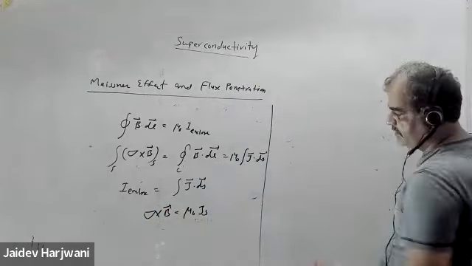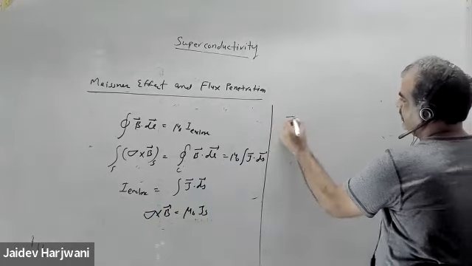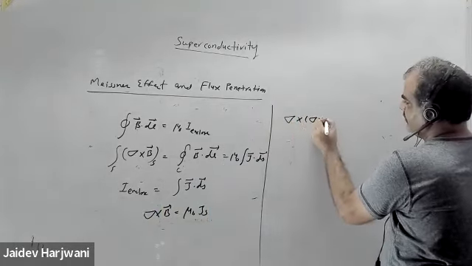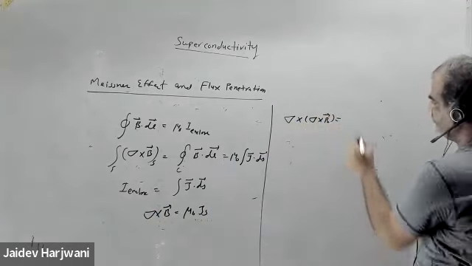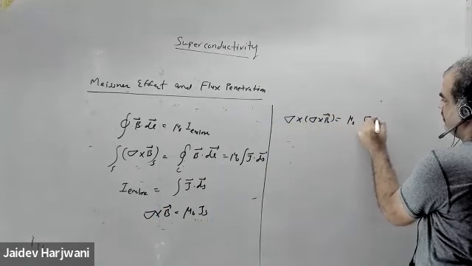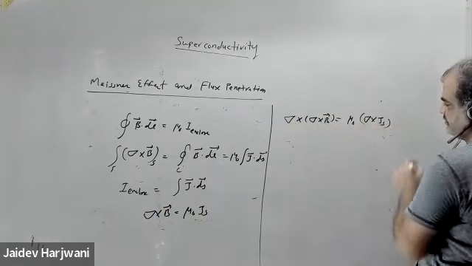Now if I take the curl of this equation, del cross del cross B gives mu 0 del cross Js.